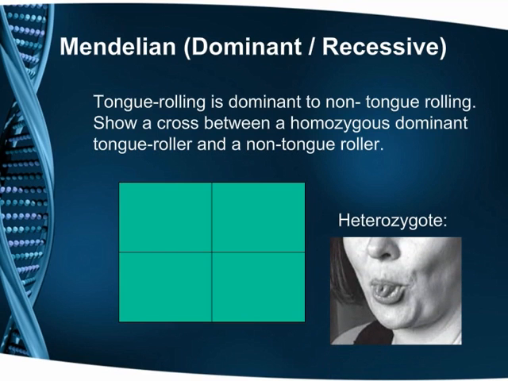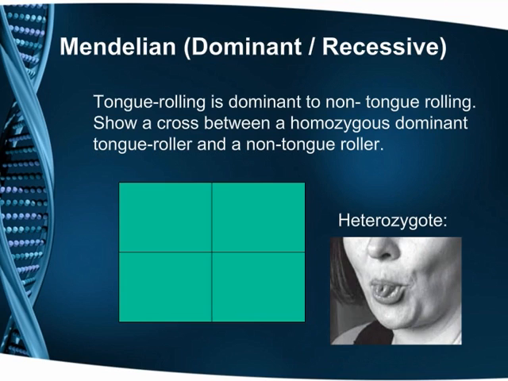In this cross, we have a big T being crossed with a little t. All of the resulting offspring are big T, little t. This means that all of the offspring are heterozygous, and the heterozygote can roll their tongue. So in the box for heterozygote, you need to write tongue rolling.